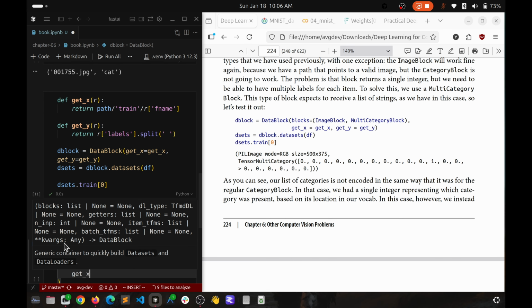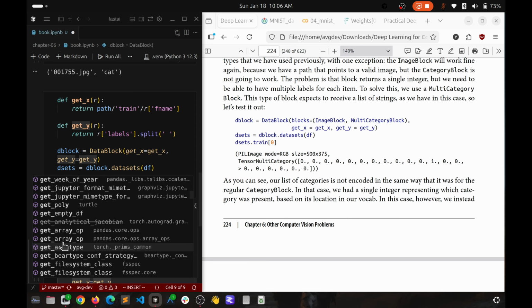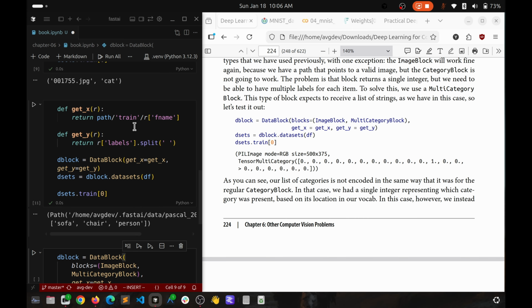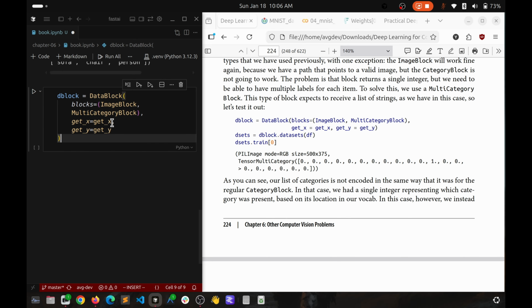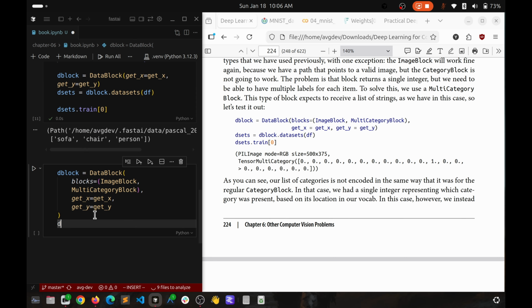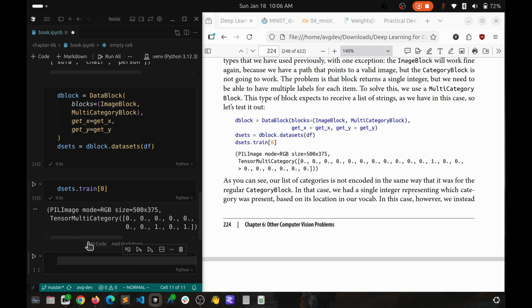And then get_x is going to be defined as get_x, get_y is going to be get_y. So we've already specified X to be the file name, and Y to be the labels. Okay. So now dsets is equal to dblock.datasets(df), sticking in the data frame there, and then let's access dsets.train[0]. Okay, cool.